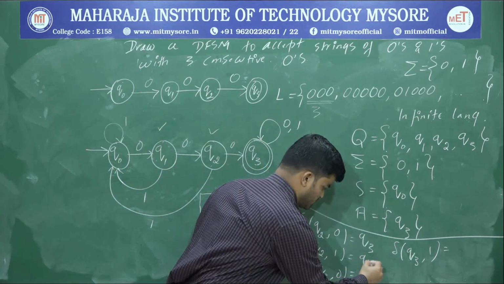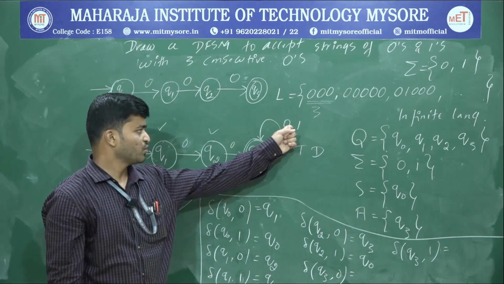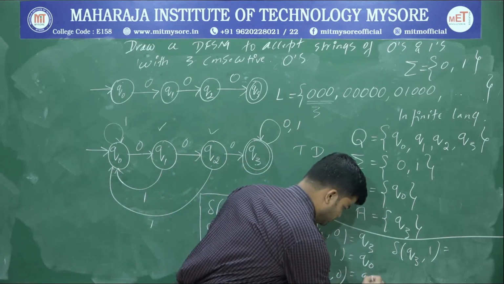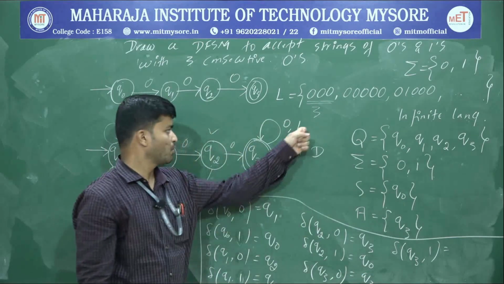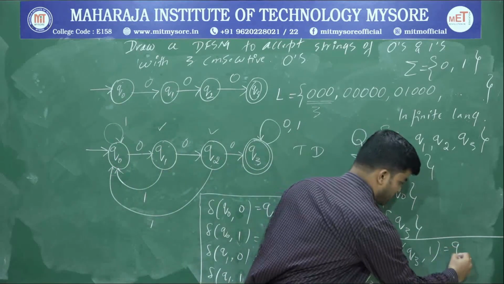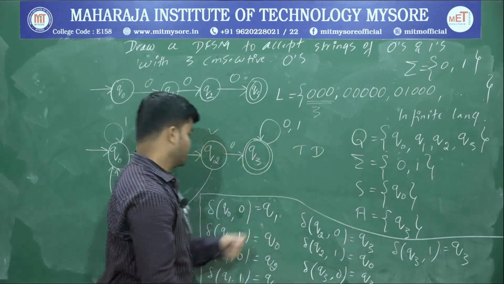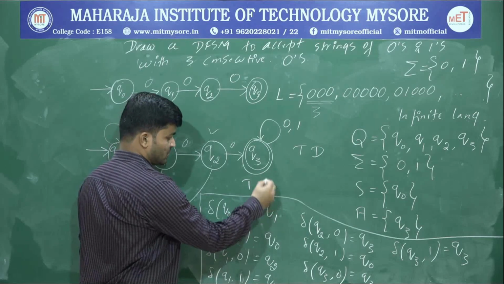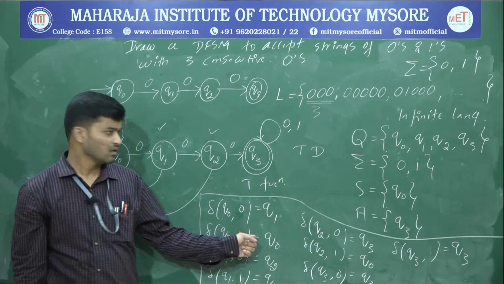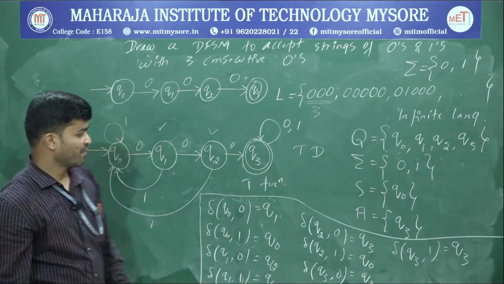So Q3 comma 0 is again Q3. Q3 comma 1 is again Q3. So this one is your transition function. Transition diagram, transition function, and we have one more, that is the transition table.